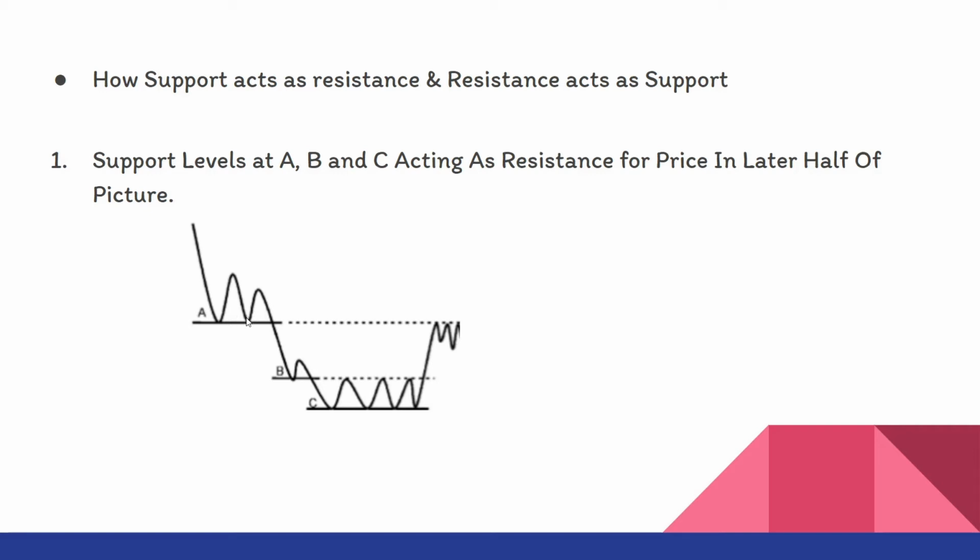Similar things happen with support and resistance. Once this support was broken, again there was some support from this B level. Once this support was broken, then the next time price came to this level of B, you could see a strong rejection. That means initially it was support, now it's acting as a resistance. It tested the resistance 3 times, and then the fourth time it broke that resistance.